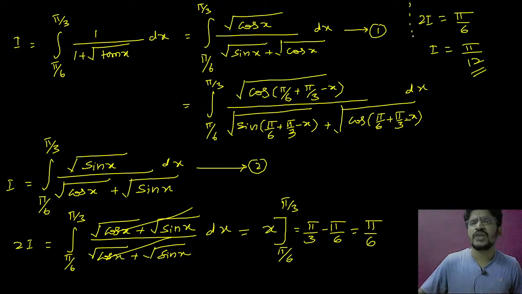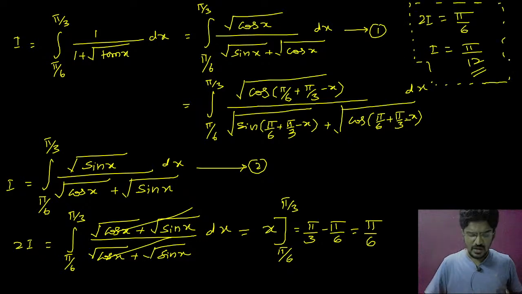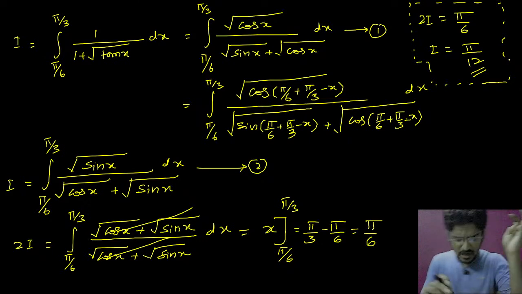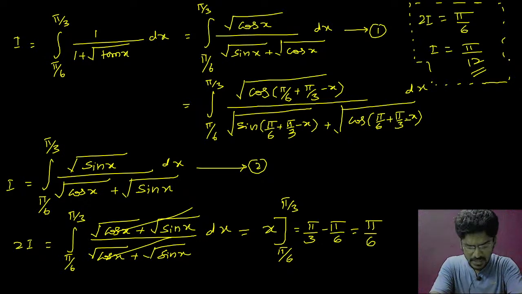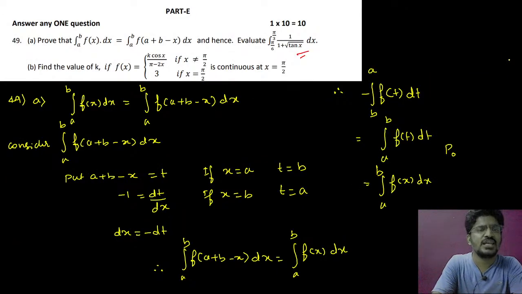If you are perfect with the formulas and the techniques, all these problems are going to be very easy. Very nice, all of you are giving thumbs. That means all of you have understood this. Then we can go for the next problem.